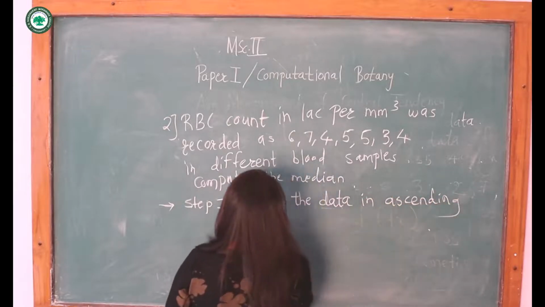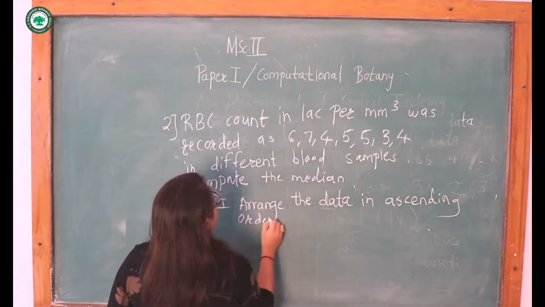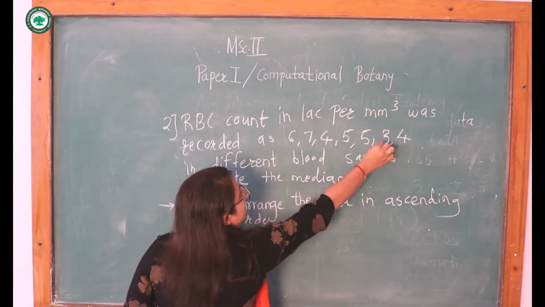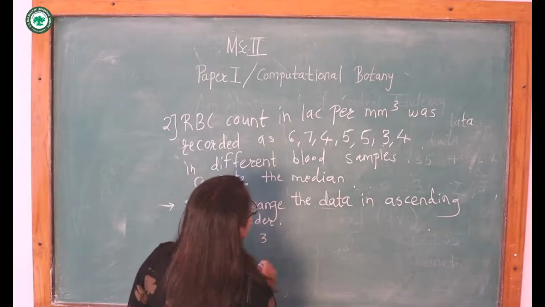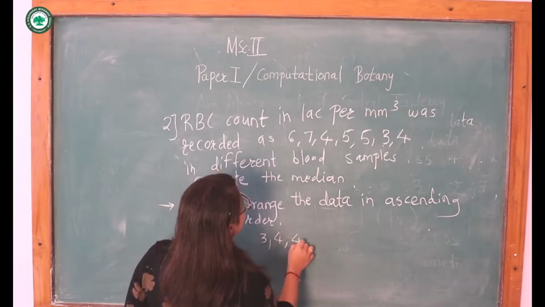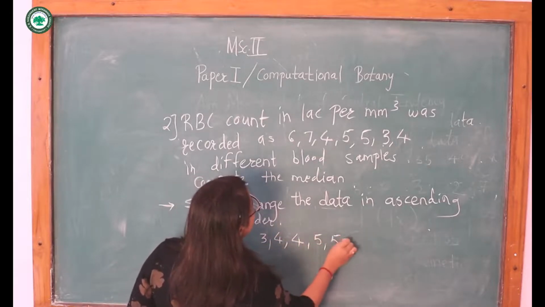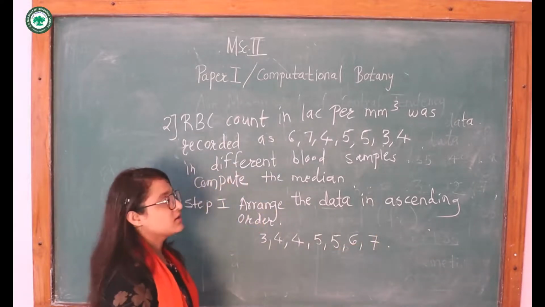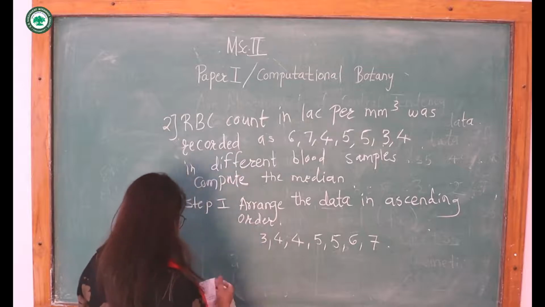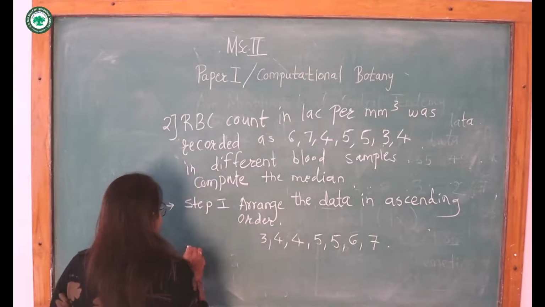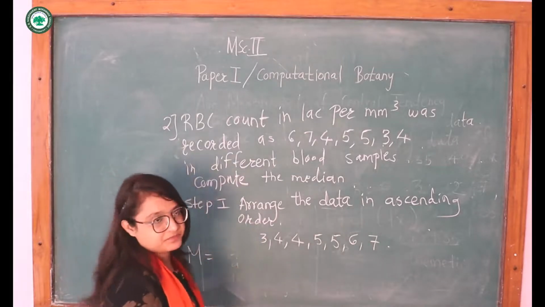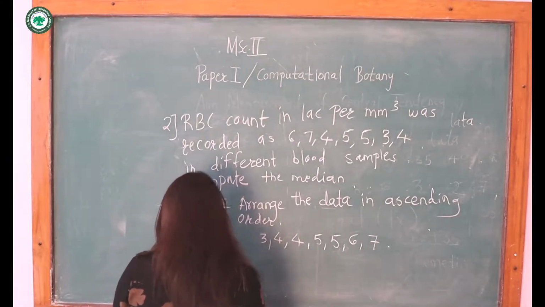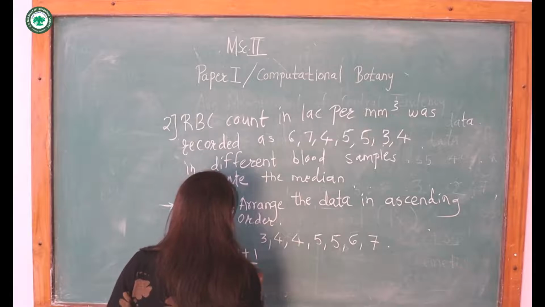The smallest number first: 3, 4, 4, 5, 5, 6 and 7. In this way you have to arrange the data from ascending to descending order. Then the next step is the formula of median: write down (n plus 1) upon 2 th item.